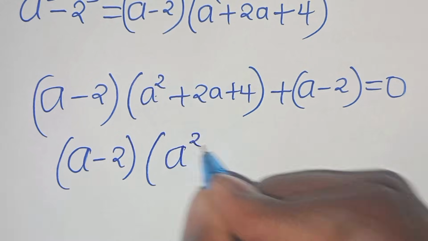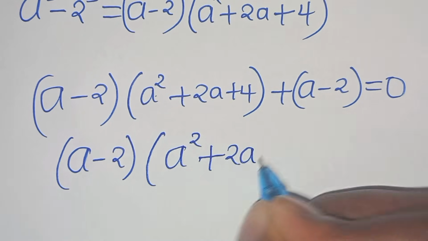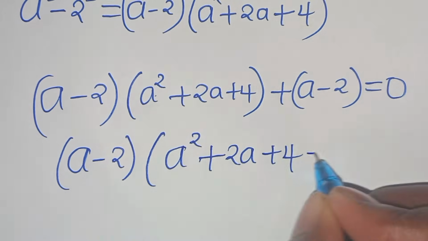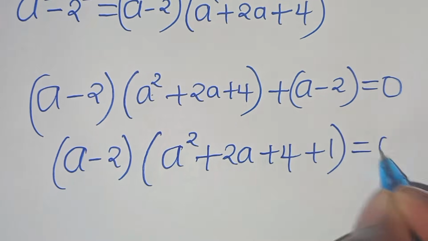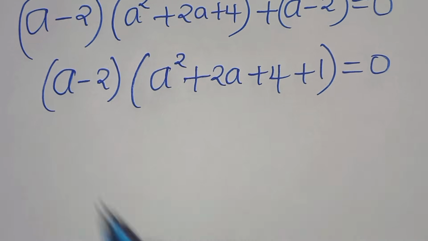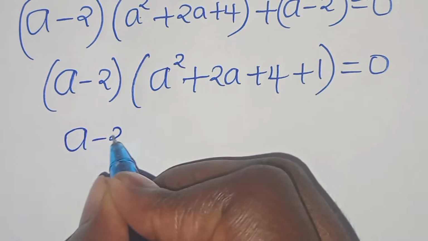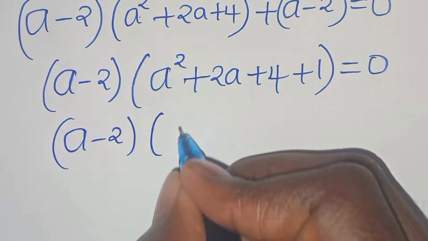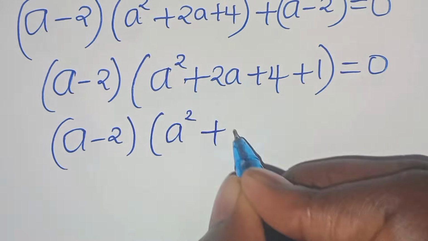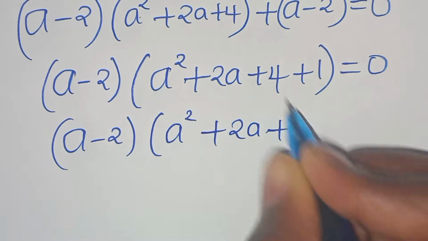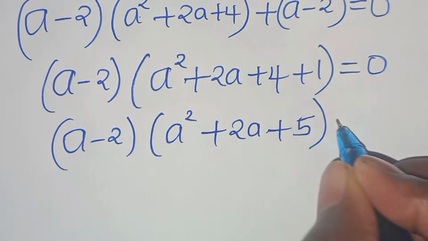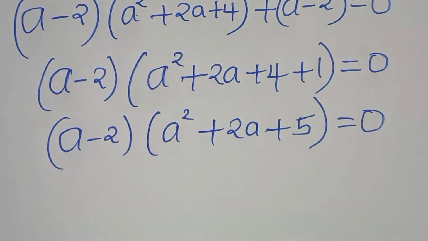This is a to the power of 2 plus 2a plus 4, then plus 1, equal to 0. So this is a subtract 2 times a to the power of 2 plus 2a, then plus 4 plus 1, which is 5, and this is equal to 0.